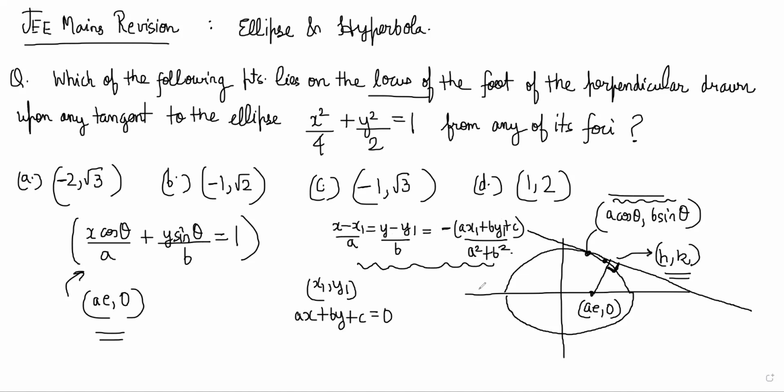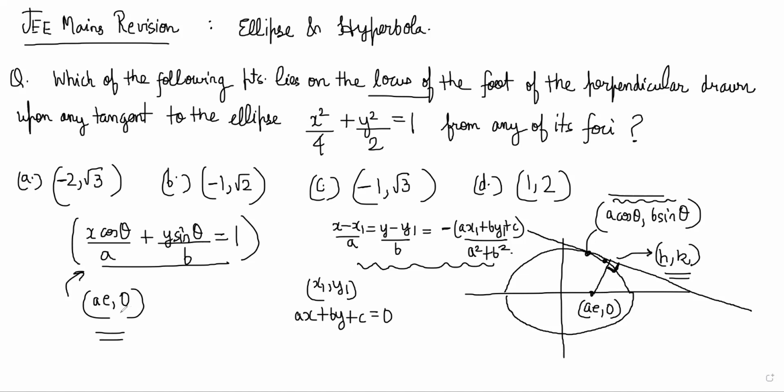Here my line is this, so a is cos theta by a, b is sin theta by b, c is -1, and x1, y1 is ae and 0.